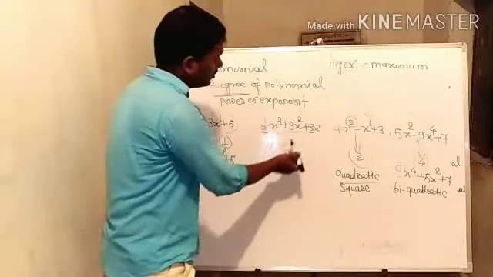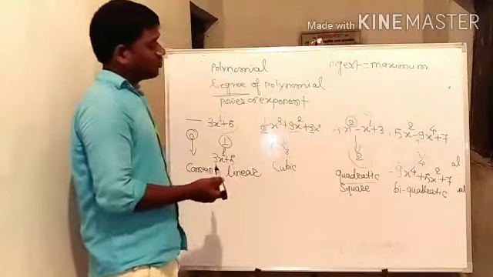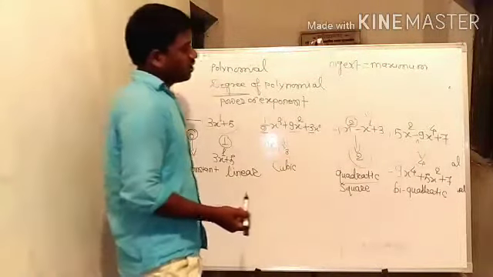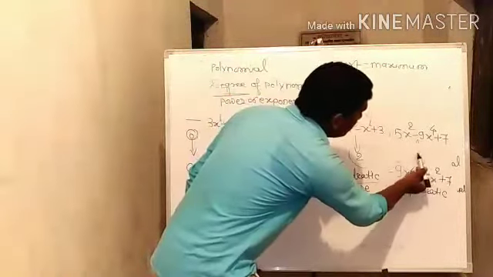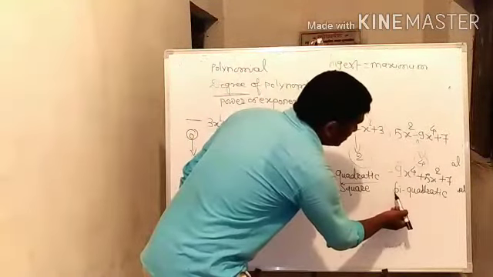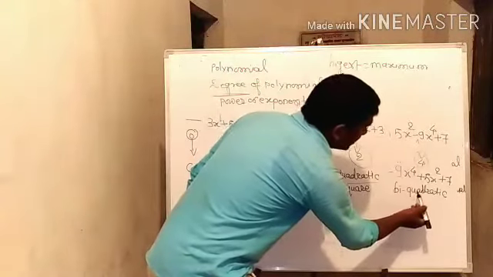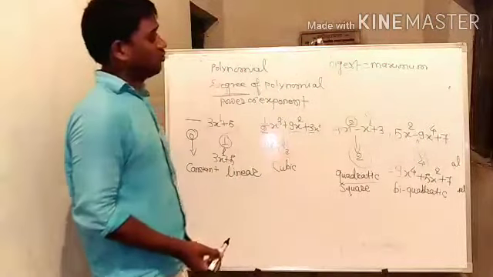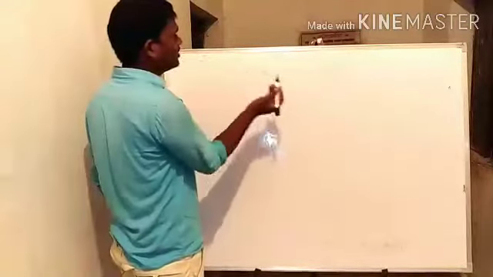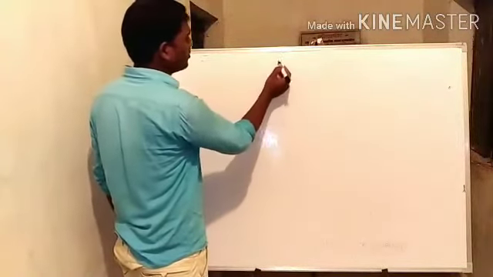When the degree is 3, it is known as cubic polynomial. And when the degree is 4, it is known as biquadratic polynomial. We see the questions as a class.